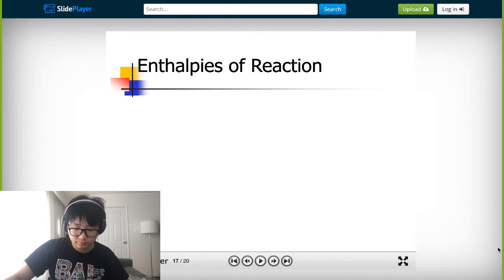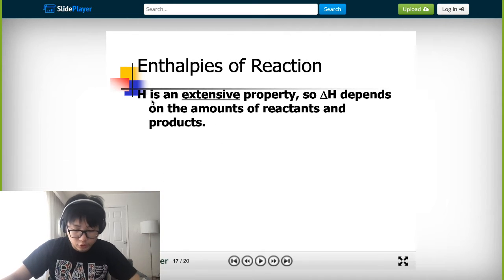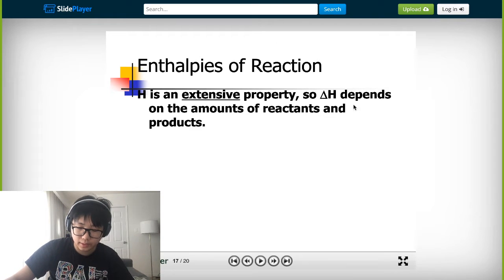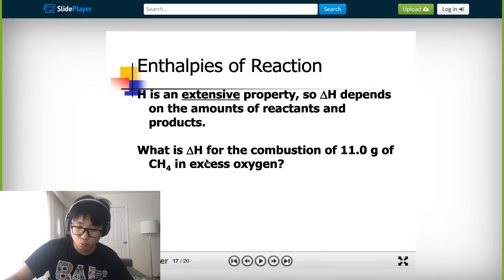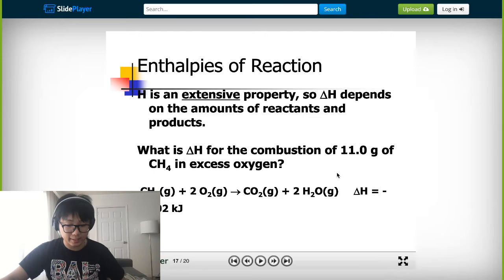Okay, so enthalpy of reaction. H is an extensive property. So delta H depends on the amount of reactants and products. That's what they're saying. What is the delta H for the combustion of 11 grams of methane in excess oxygen?